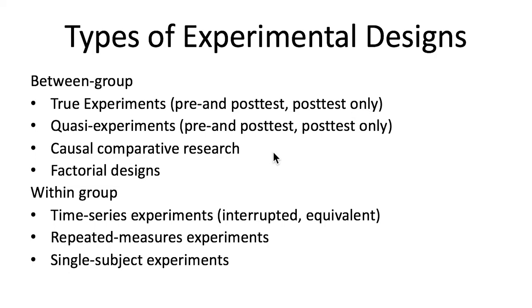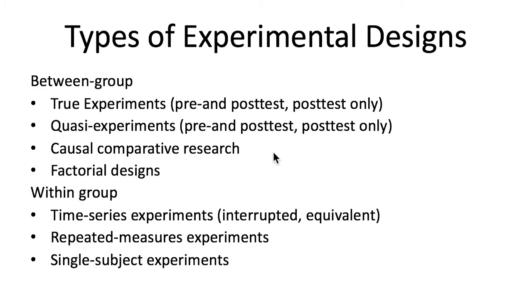Types of experimental designs. We have between group and within group as our major categories. Between group involve our true experiments, quasi-experiments where we can't really assign people to groups. We'll get to that in a minute. Causal-comparative research, which has even fewer controls. And then factorial designs where we have more than one independent variable.